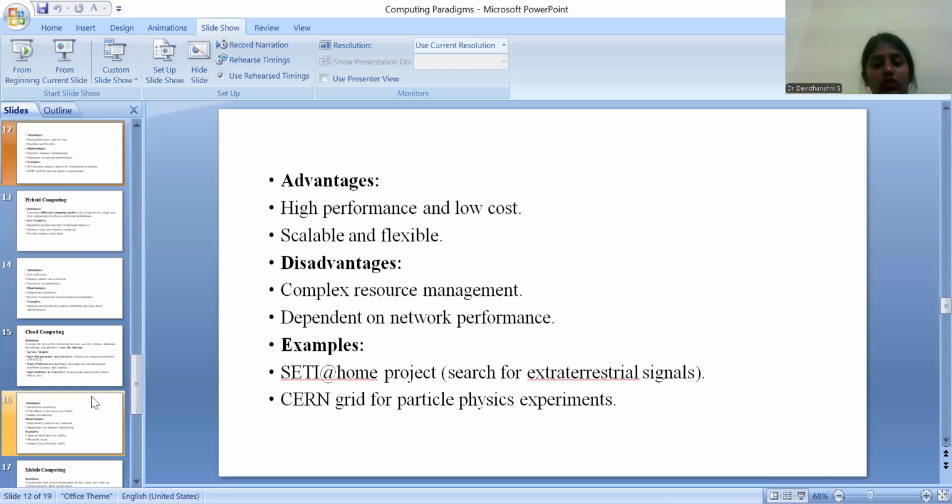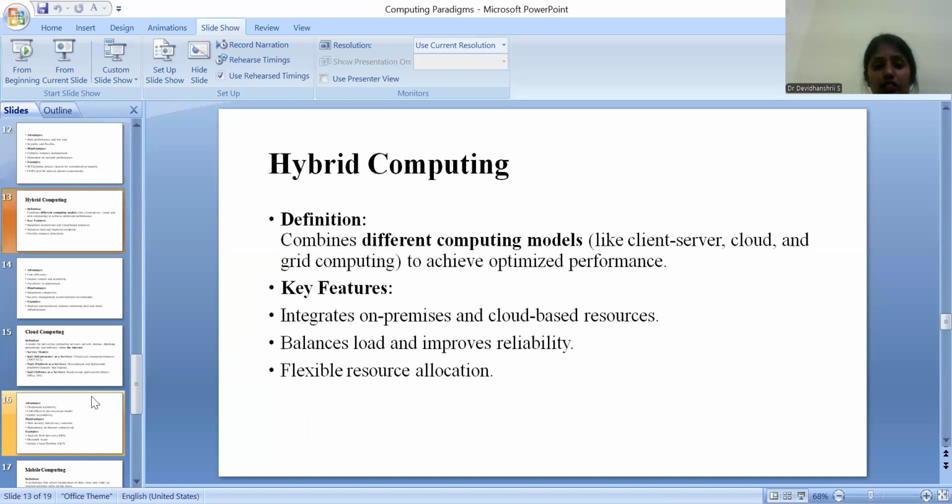The advantages of grid computing are high performance, very low cost, and it is scalable and flexible. Disadvantages are complex resource management and dependence on network performance. The next one is hybrid computing. Hybrid computing combines different computing models like client server, cloud, and grid computing to achieve optimized performance.